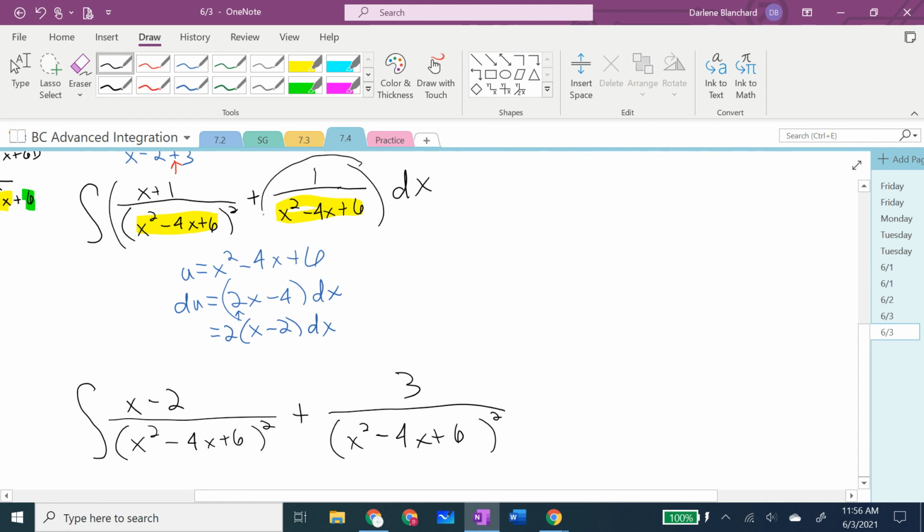And then when I look at this one, do you see that because I don't have an x term, u substitution can't even do anything. It can't touch it.